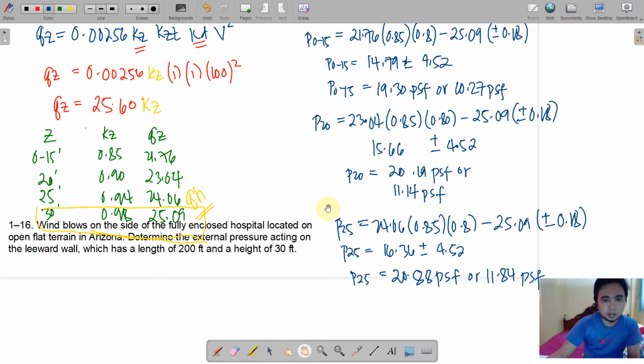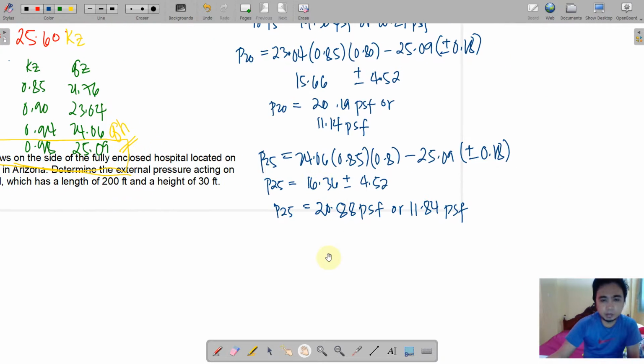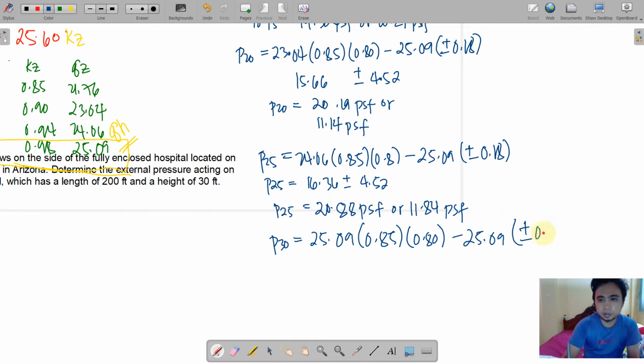We had actually computed QH. So what will be the pressure at 30? So P30, this time we're gonna use QH 25.09, 0.85 by 0.8 minus 25.09 plus minus 0.18.